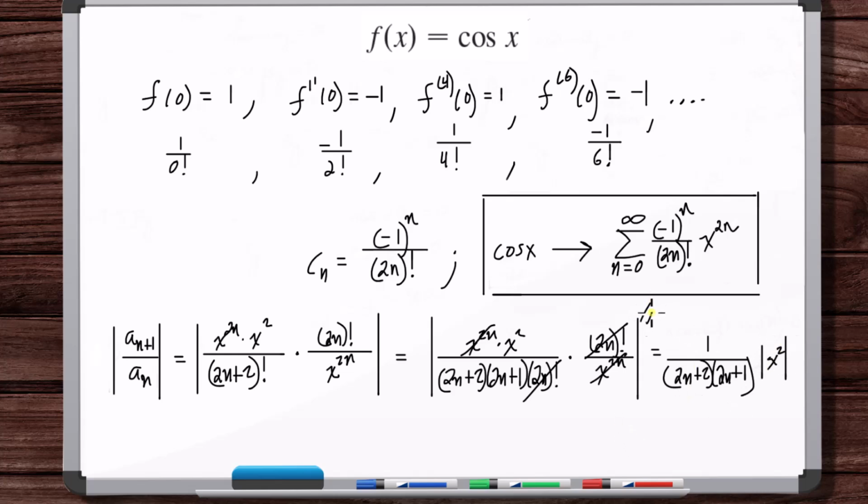Okay, so now there's the absolute value of a sub n plus 1 over a sub n. As n goes to infinity, this goes to 0, so this is 0 for all x, which is always less than 1, so the radius of convergence here is infinity.